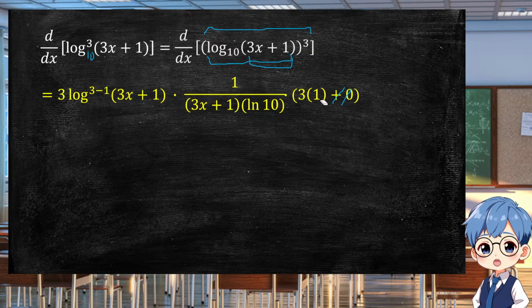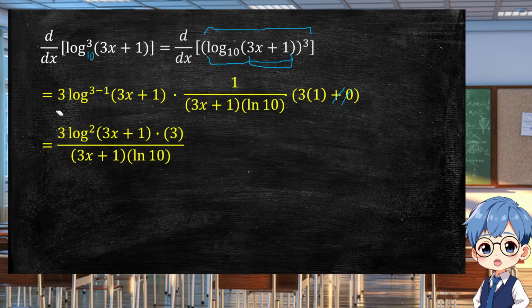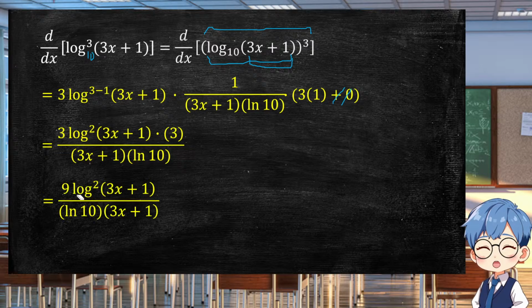So be careful. So we just combine. Here we have 3 times 1, which is just 3. So 3 times 3 here, we can have 9. So that's why we have something like this. Then we just combine further. So we have 9 here. And then we have log to the power of 2, of course, because it's 3 minus 1. And then 3x plus 1, the argument, all over.